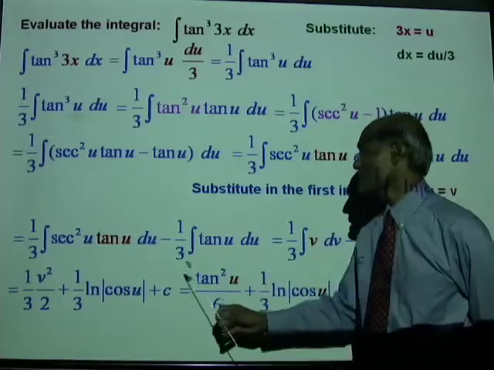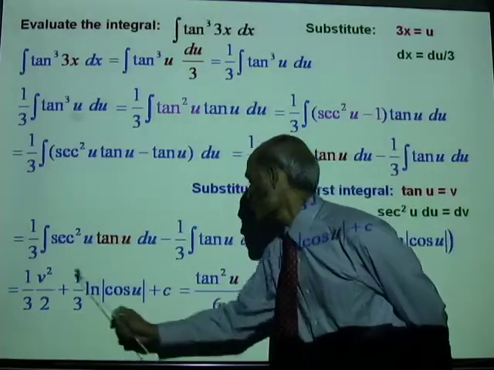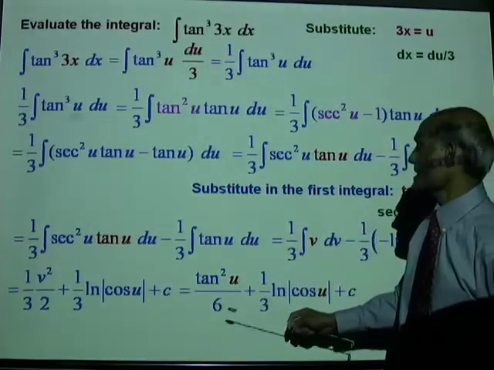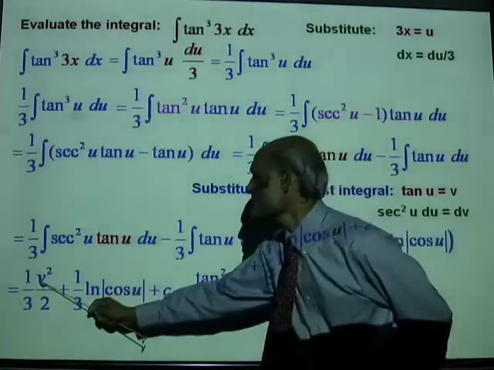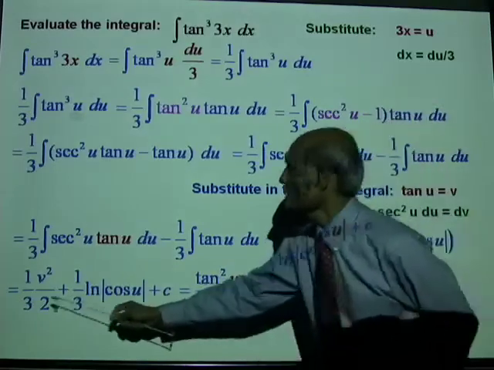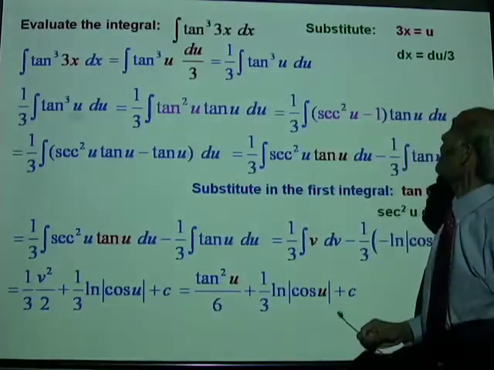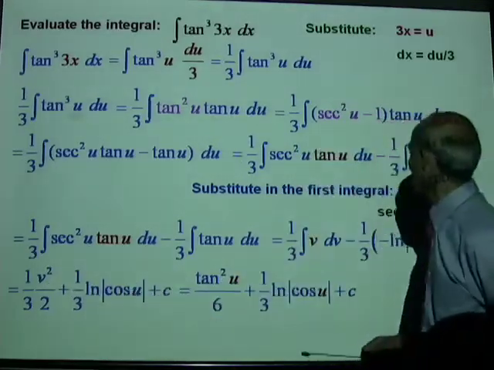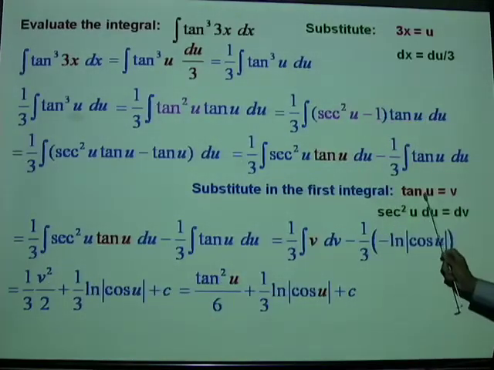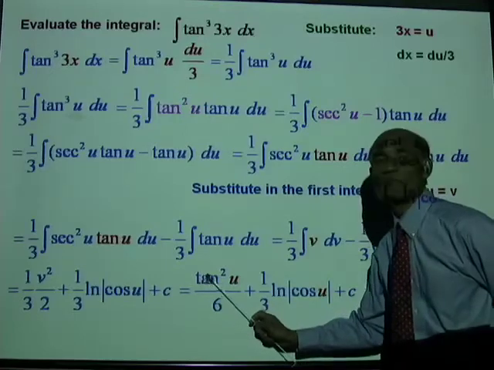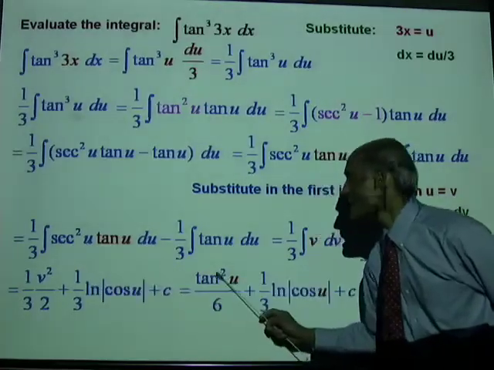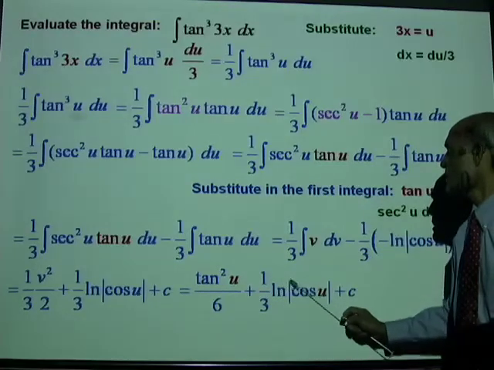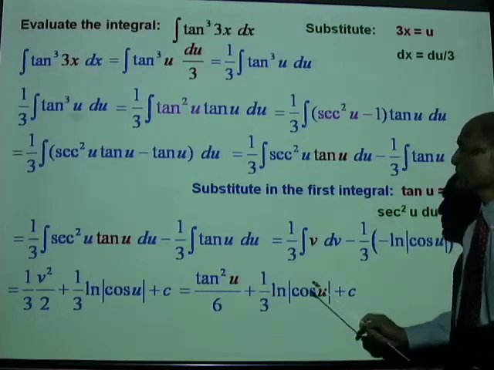Now v squared is tan squared u, is that right? 3 times 2 is 6. Our original substitution, v is tan u, so v squared becomes tan squared u over 6 plus 1/3 ln cos u plus c.